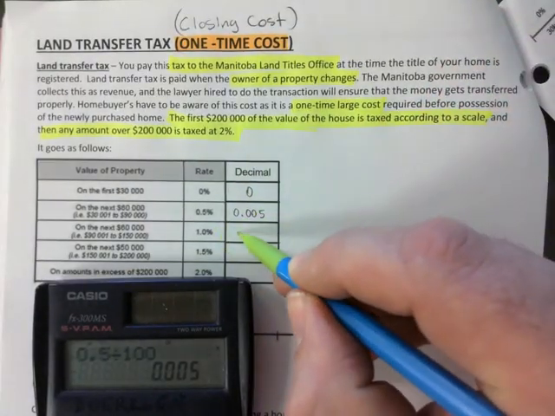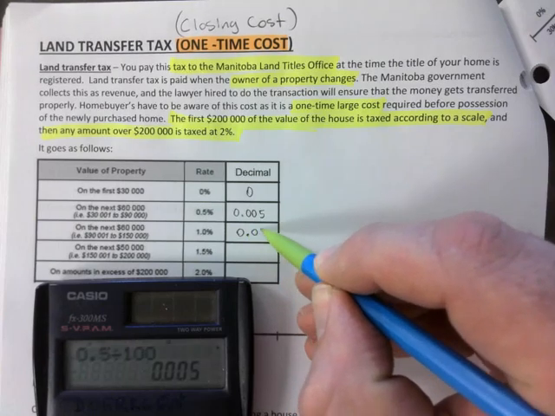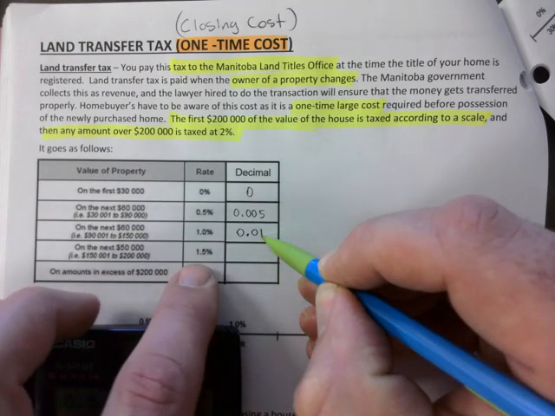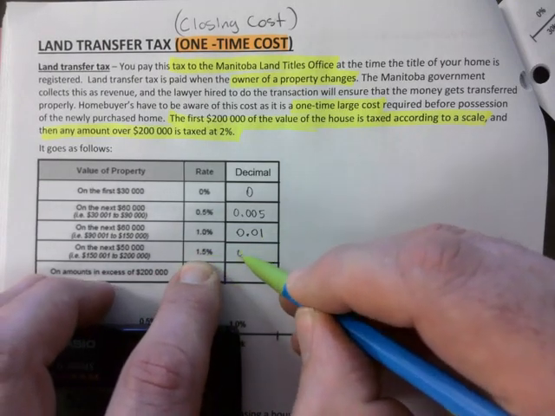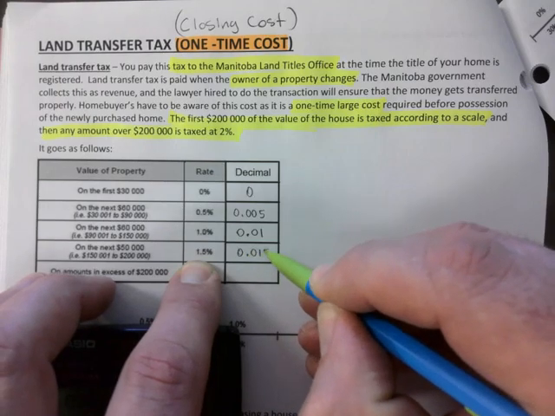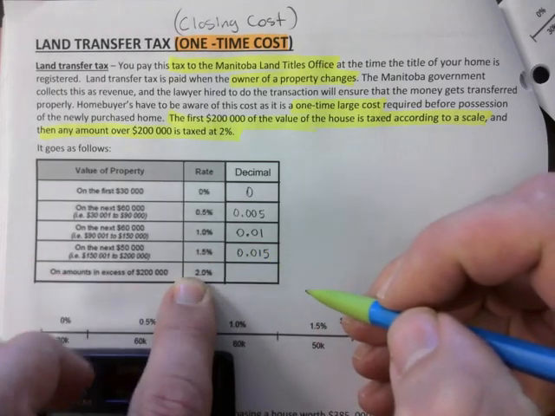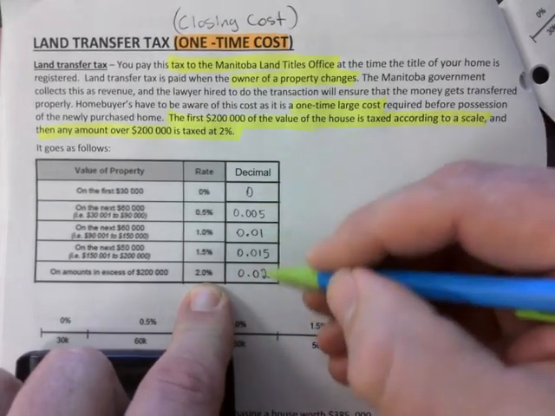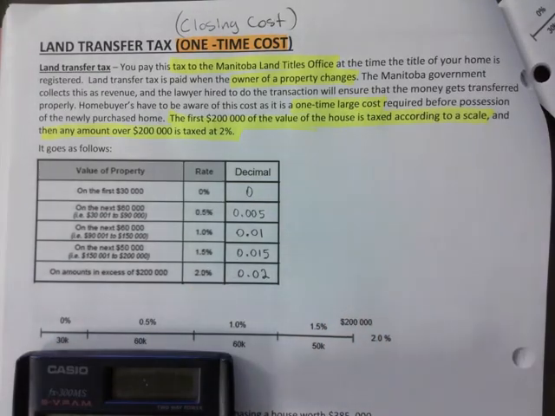Same with 1%: if you divide 1% by 100, you get 0.01. If you divide 1.5% by 100, you get 0.015. And 2% is just 0.02. These are the numbers that I'm going to use a lot.